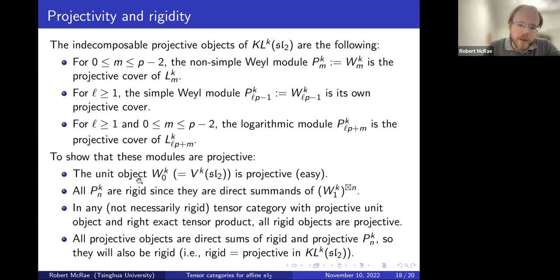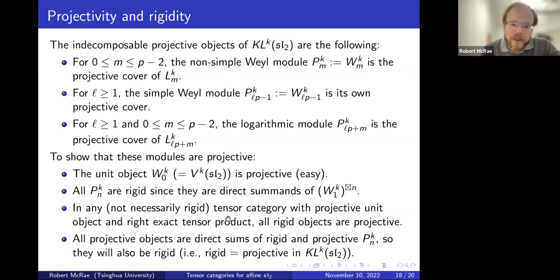The first step is to show that the unit object is itself projective. That's pretty easy. Second of all, we want to show that all these PKN modules are rigid, and now that we have rigidity for WK1, that is easy because the PKNs are all direct summands of some repeated tensor product of WK1 with itself. So tensor products of rigid give you rigid, and direct summands of rigid also give you rigid.